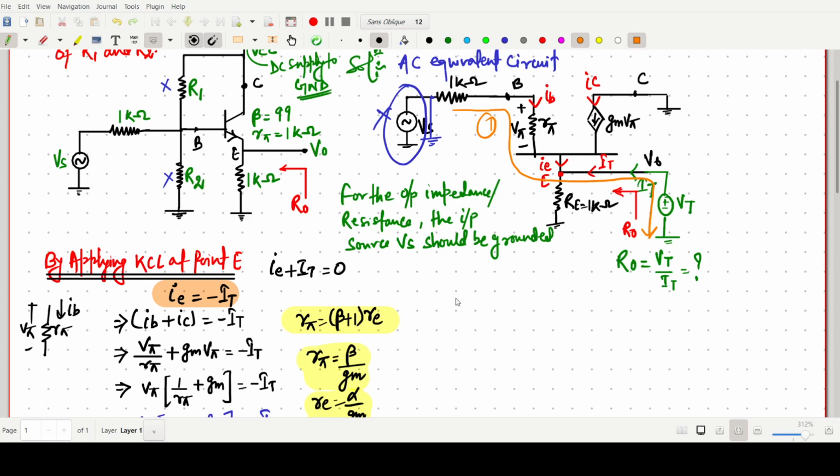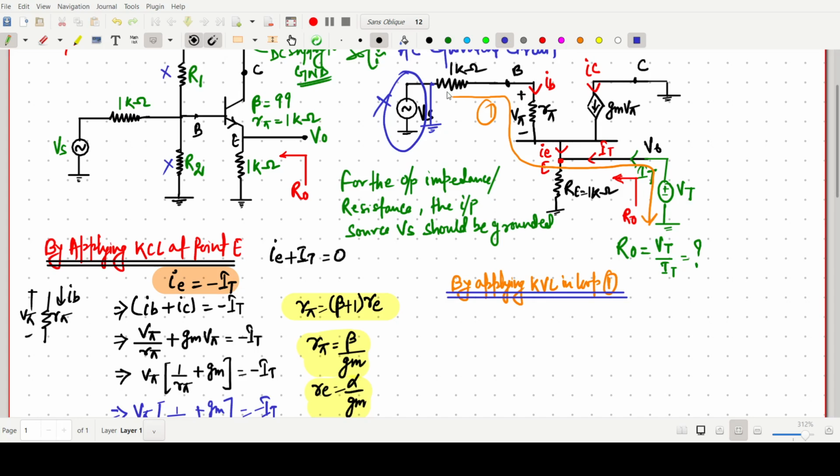So now again I am writing, by applying KVL in loop 1.